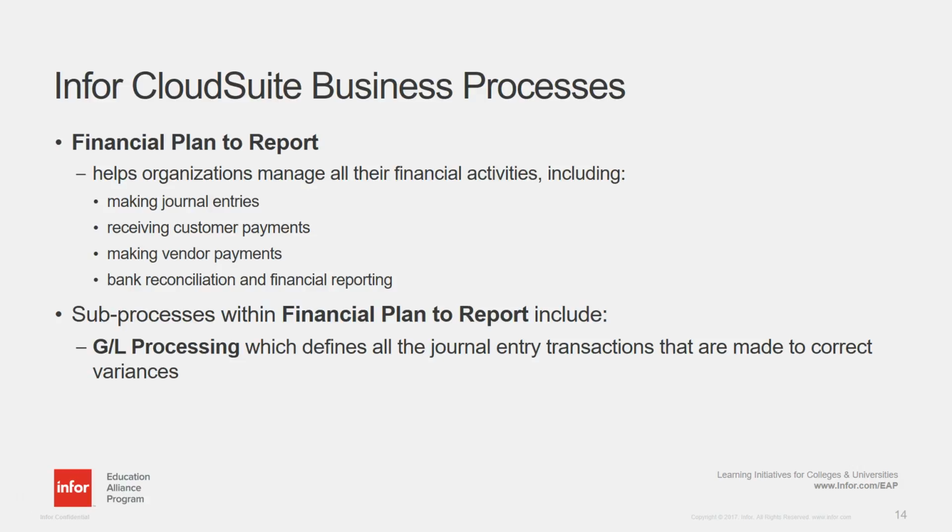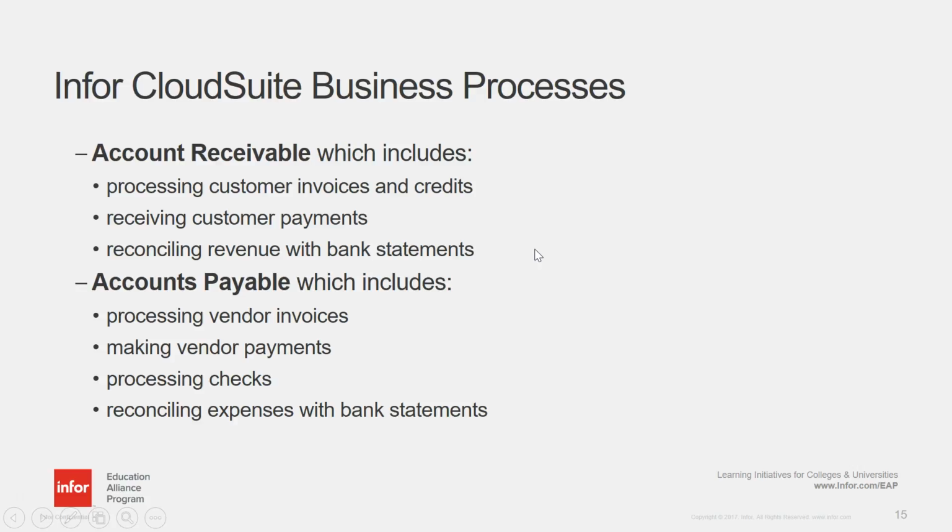We have general ledger processing, accounts receivable, accounts payable, all of those processing invoices, receiving payments, reconciling the revenue with the bank statements, processing the invoices, paying the vendors, processing checks, and so on.